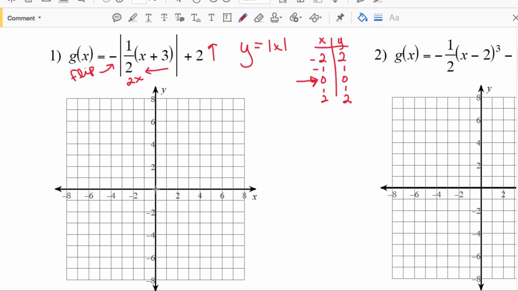And that is going to move left 3 and up 2. I am going to draw in an imaginary XY axis. And we're just going to pretend this is the original XY axis.